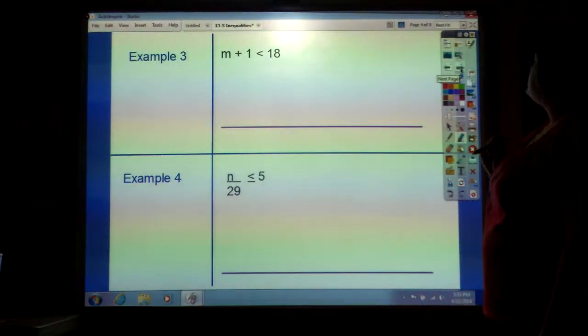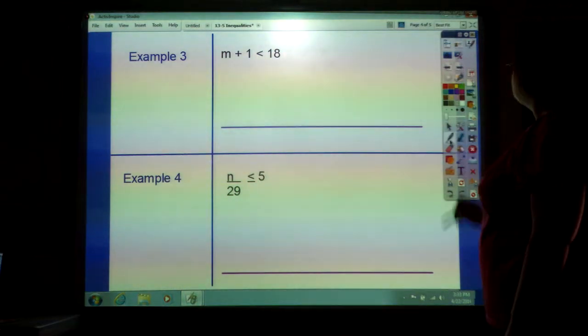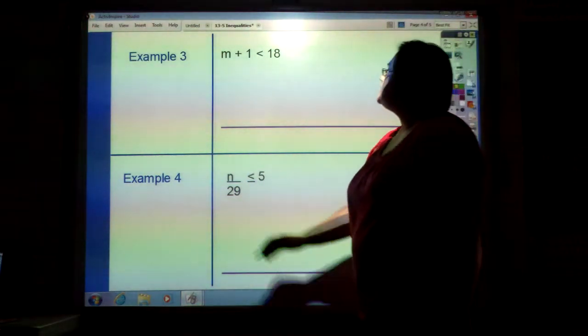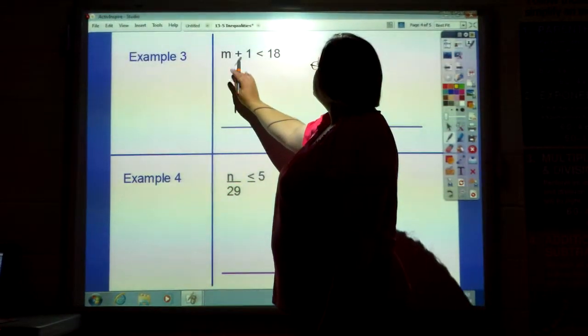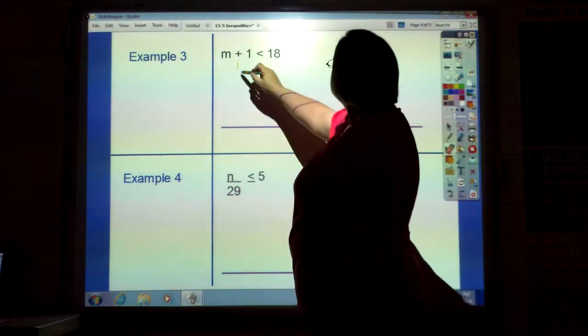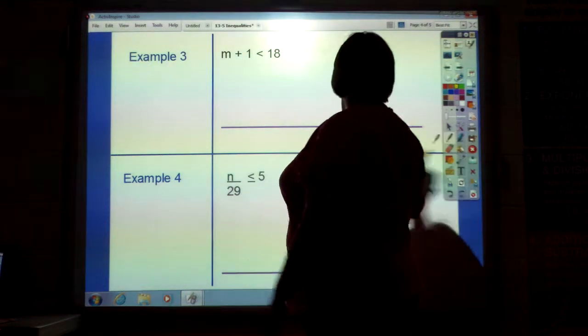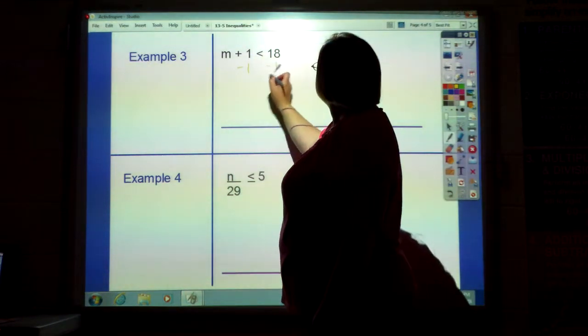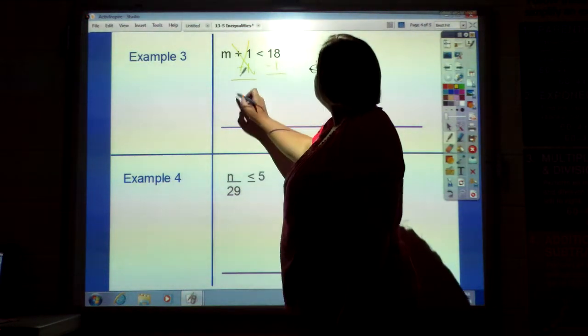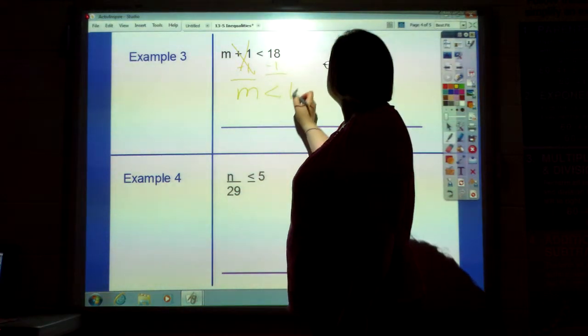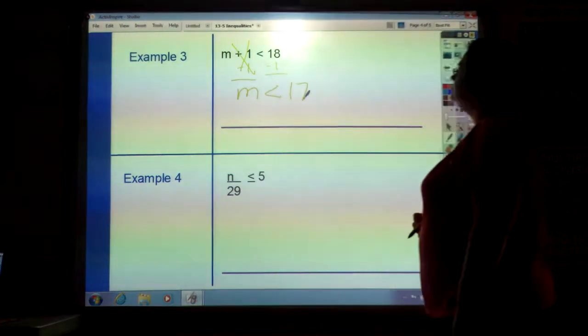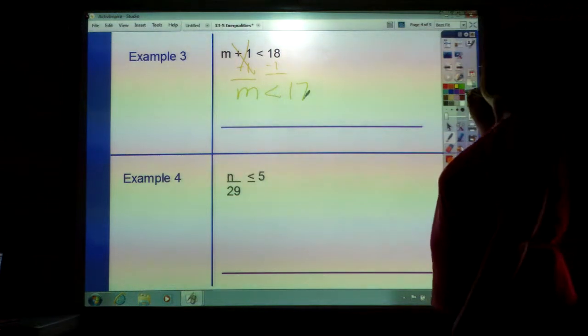Let's look at example 3. M plus 1 is less than 18. So we solve for m. Minus 1, minus 1. M is less than 17. So now I'm ready to make my number line.